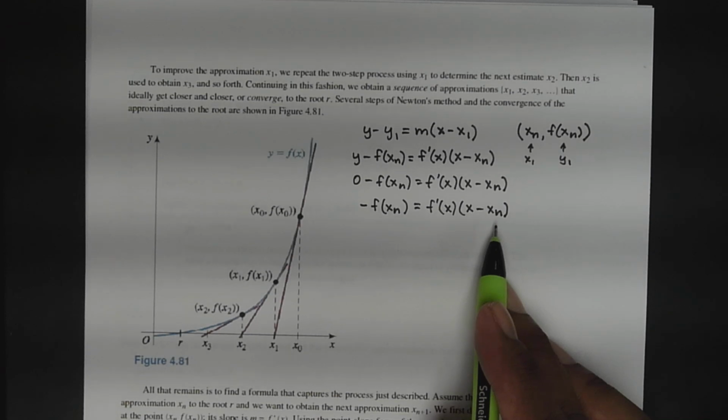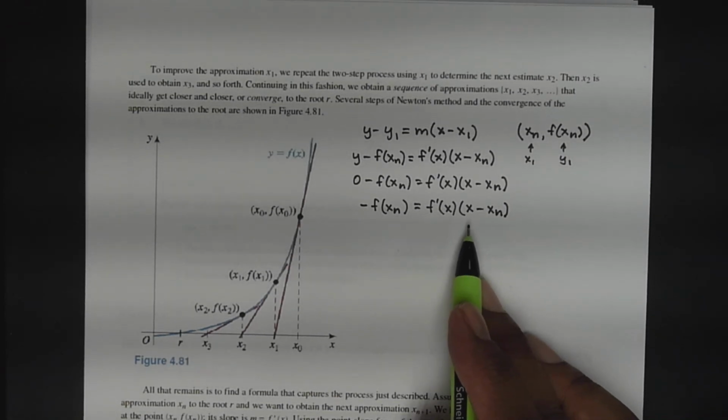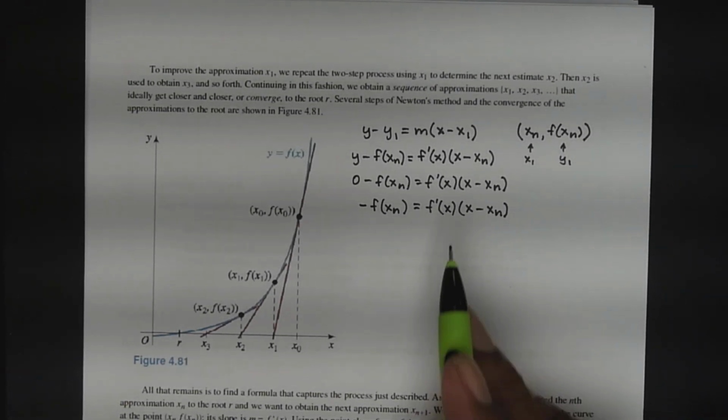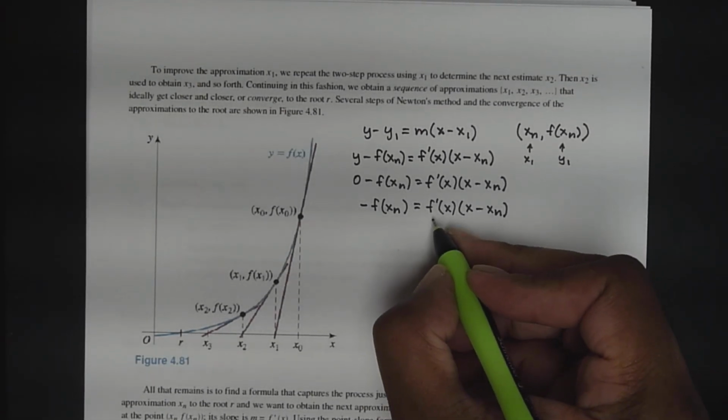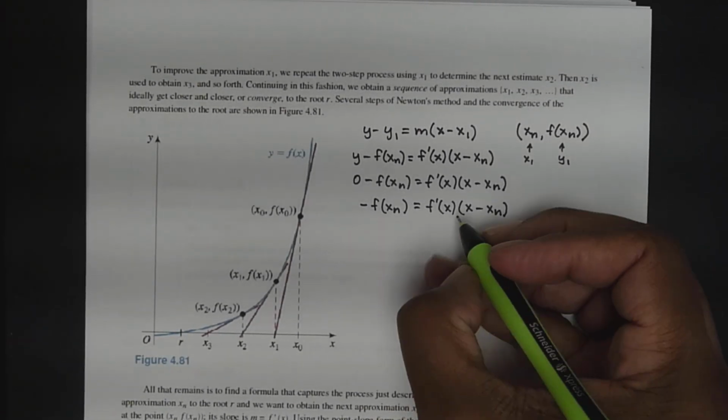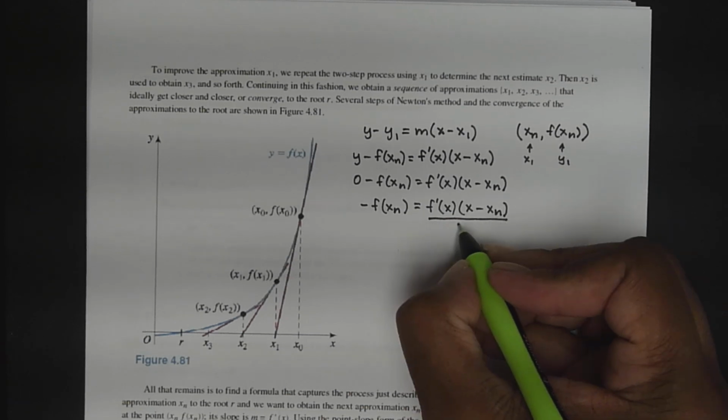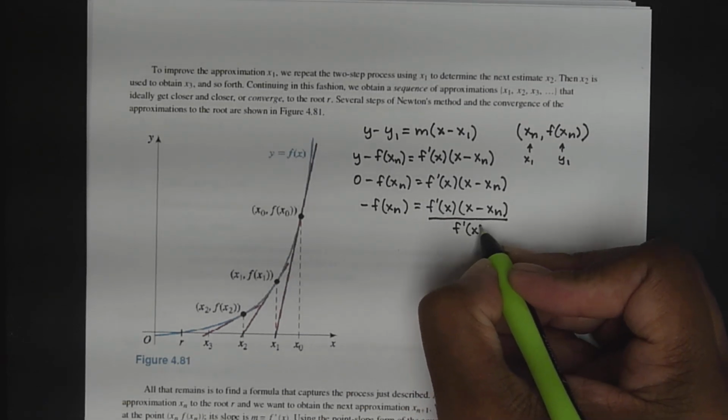Now what we want to do here is just get x by itself. So the first thing I need to do here is, since I'm multiplying this by f prime of x, I'm going to divide both sides by f prime of x.